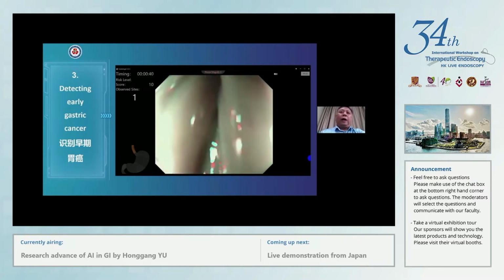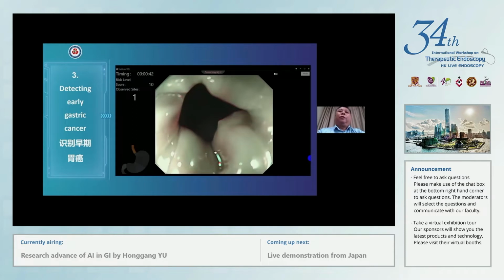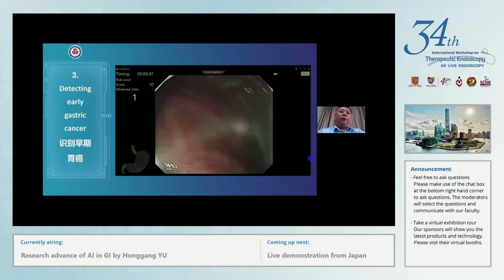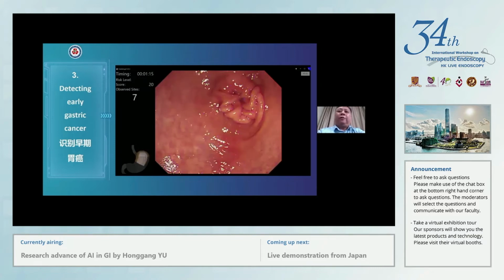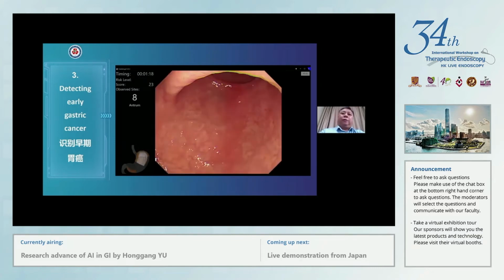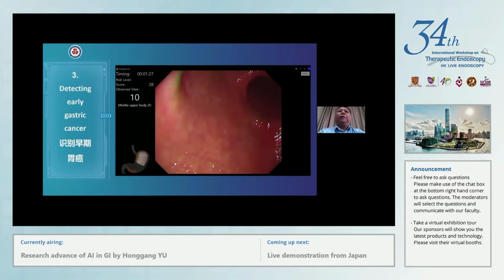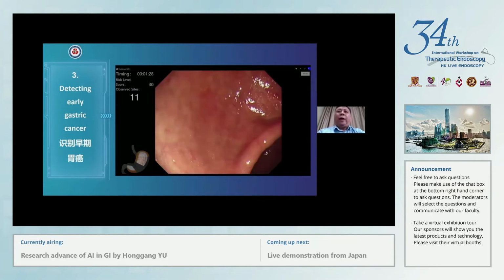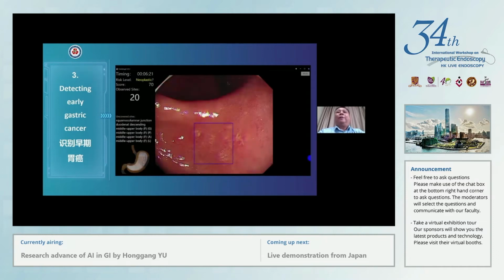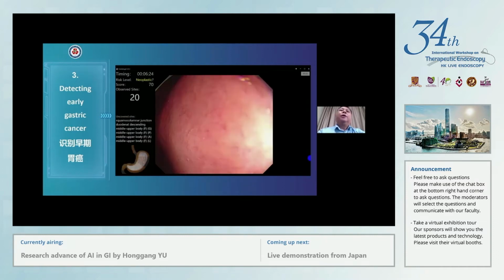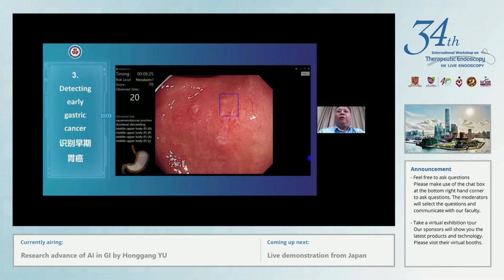Now I think the most challenging thing in GI diagnosis is early gastric cancer. So here we developed a function to detect high-risk lesions under white light. You can see the square shows you the location of the lesion.